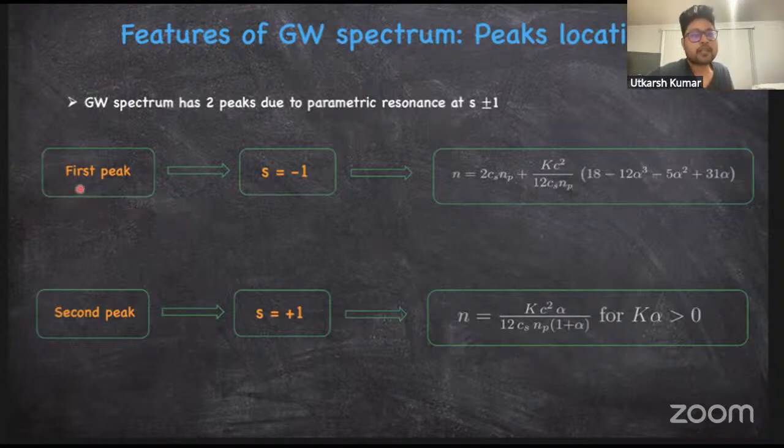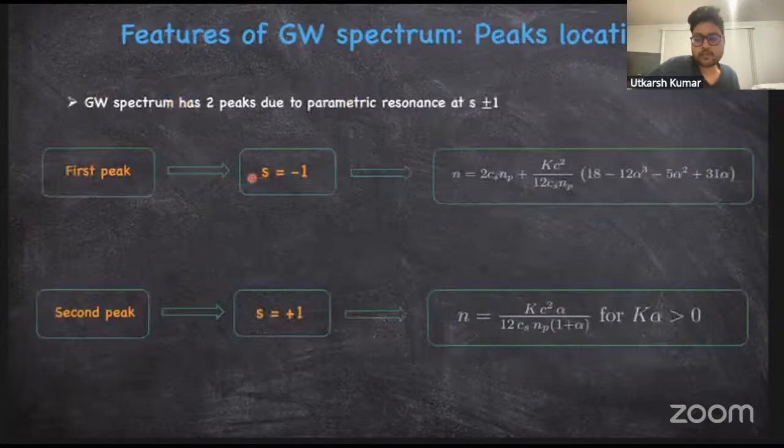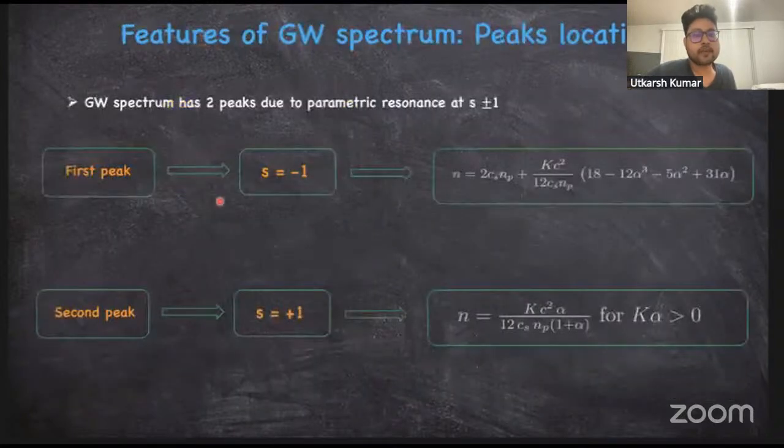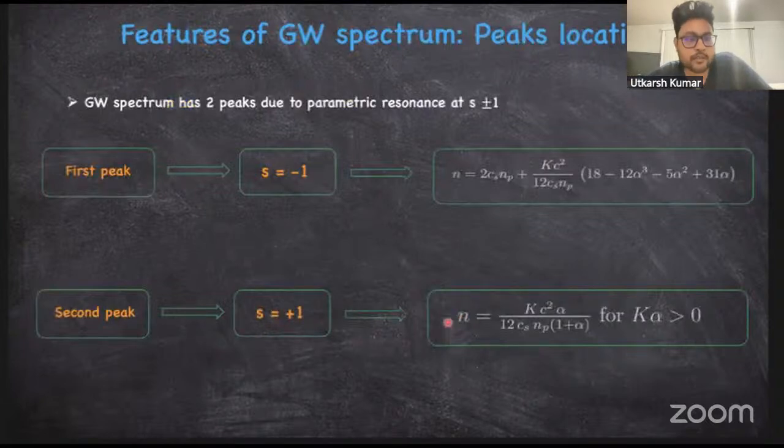The first peak happens due to s equals minus 1, and this peak is given in the following form. The second peak is solely due to the inclusion of the curvature. If we take k equals 0, then this second peak disappears, and this second peak comes from s equals plus 1.